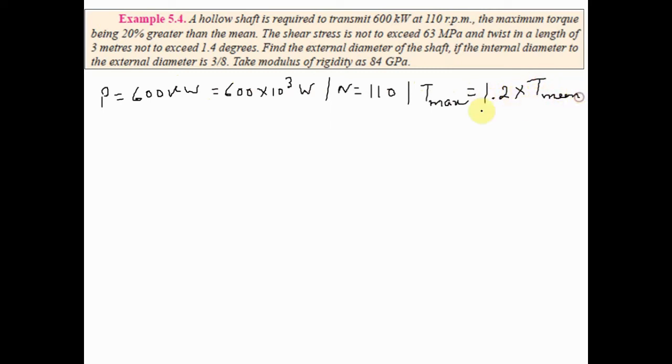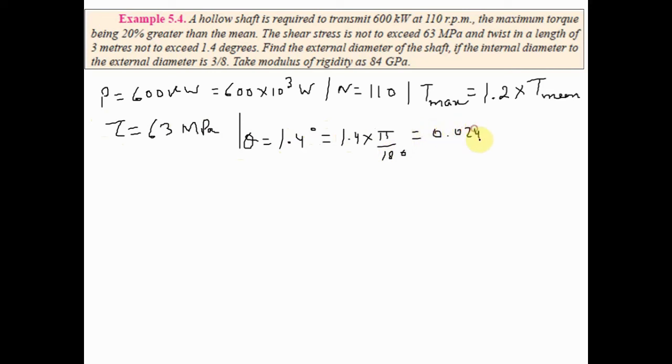Then the shear stress is not to exceed 63 megapascals. You can write 63 megapascals as tau, and the twist theta is given as 1.4 degrees. You can convert it into radians by multiplying by pi by 180, and you will get 0.024 radians.